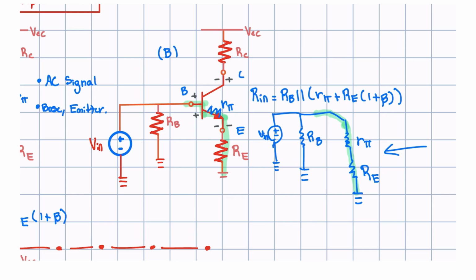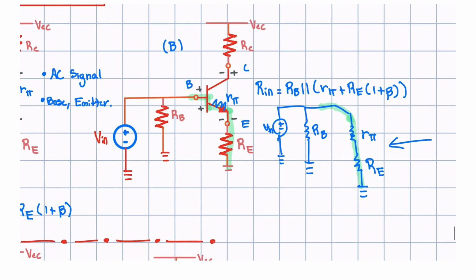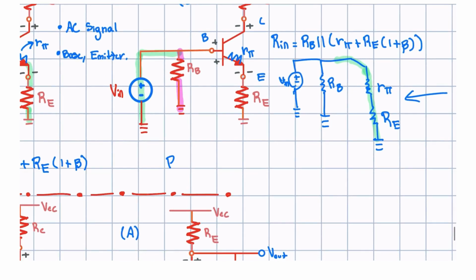To reiterate, let's think of it like this. We're going to have a current that goes through the voltage source. This current's going to reach this point, and then it's going to split. It's going to split downwards, which means we're going to have RB. I'm going to write it down here again. We're going to have RB.